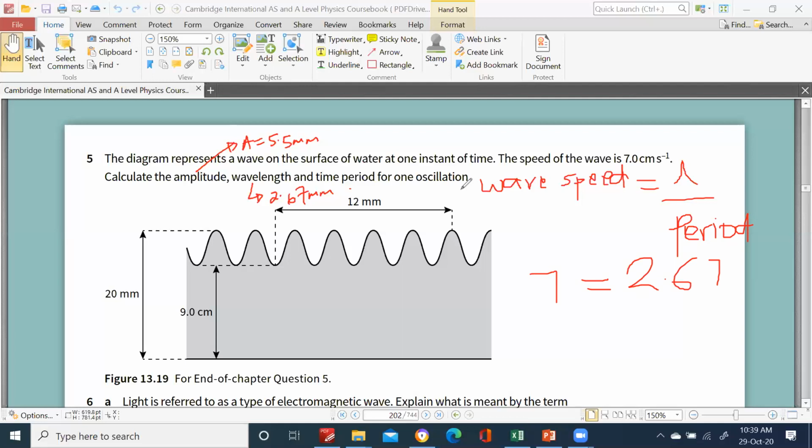It's in centimeters and the length is in millimeters, so it should be 70 millimeters per second. Okay. Yes.